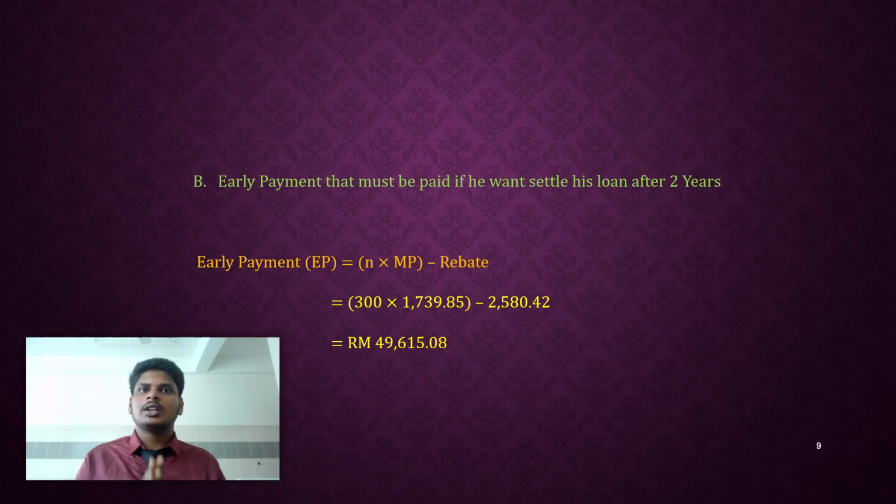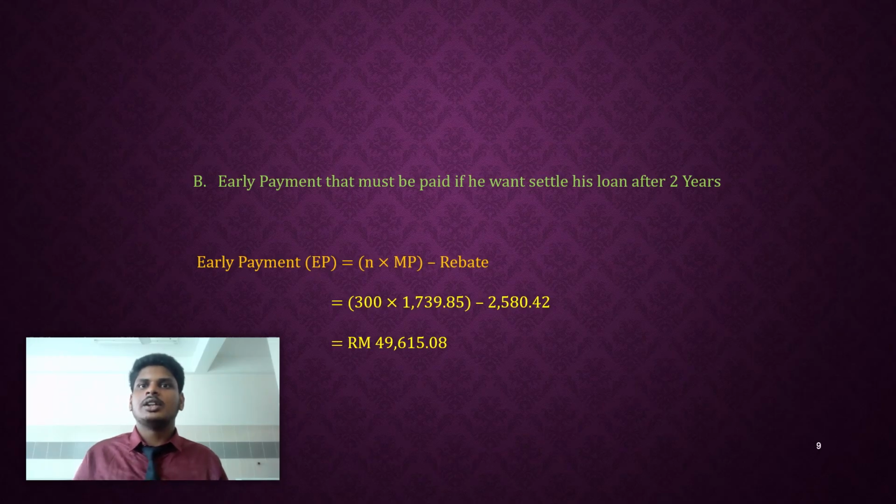From earlier calculations, the monthly payment MP equals RM 1739.85. After 2 years, 24 months, the total payments made N times MP equals 24 times RM 1739.85, equal to RM 49,615.08.